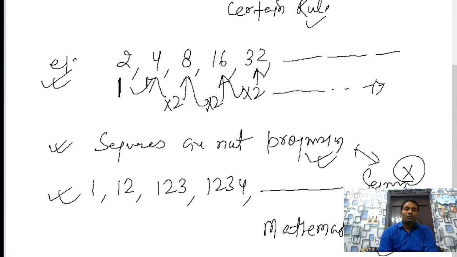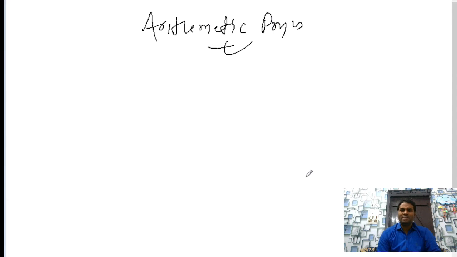Now moving on to the next one, arithmetic progression. So what is arithmetic progression? Arithmetic progression is a type of progression in which the difference between two consecutive terms is equal.